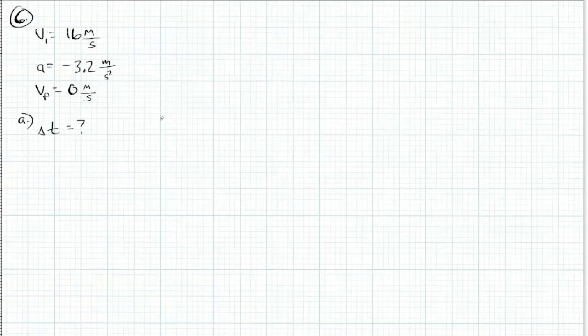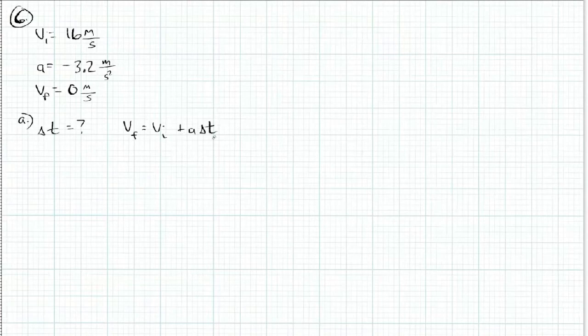Which equation relates them all best? The first of our 5, which tells us that our final velocity is equal to our initial velocity plus A times our change in time.